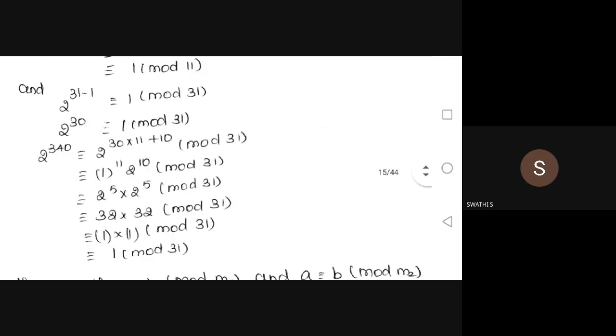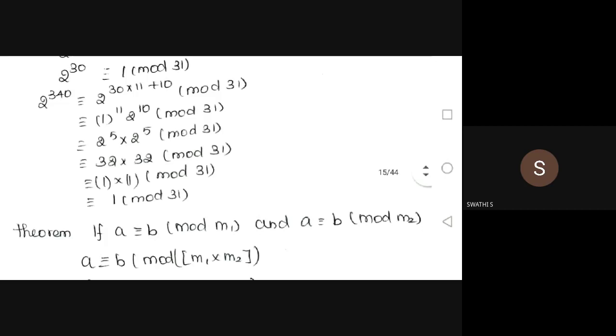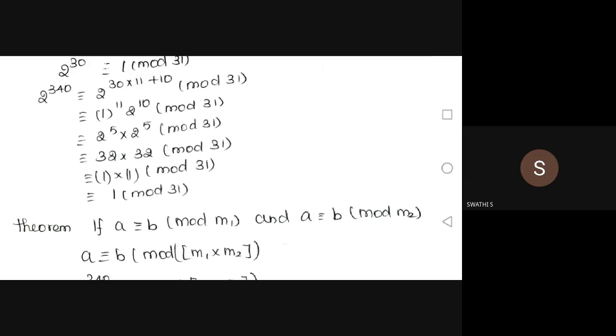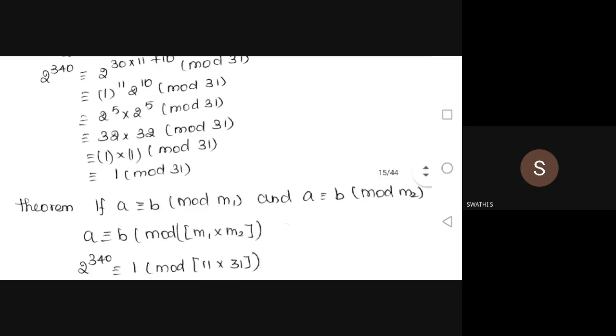Okay. We have already studied the theorem: if a is congruent to b mod m1 and a is congruent to b mod m2, then a is congruent to b mod the LCM of m1 and m2, and here the LCM is m1 into m2.